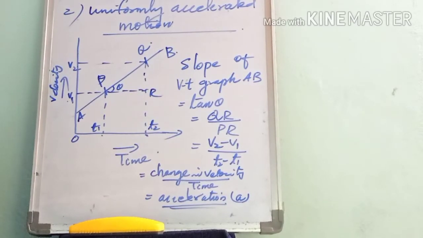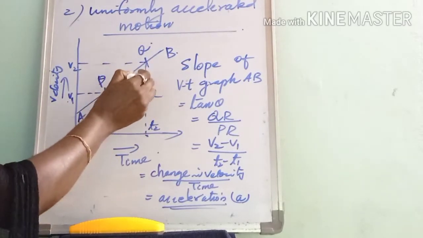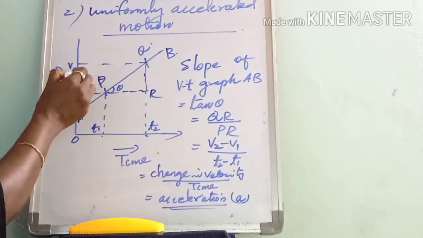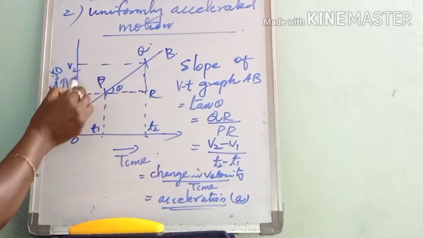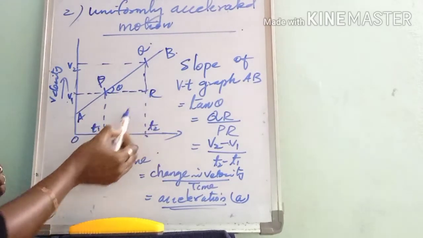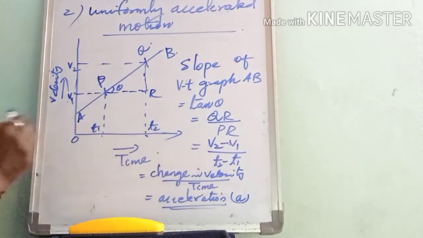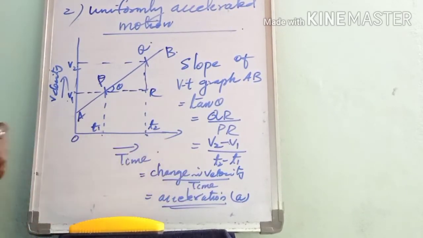Instead of QR we can write what? QR is equal to V2 minus V1, and PR is equal to T2 minus T1. What is V2 minus V1? It is the change in velocity.